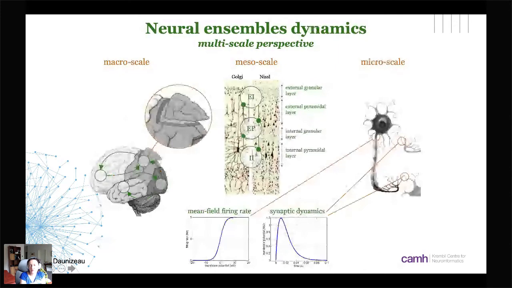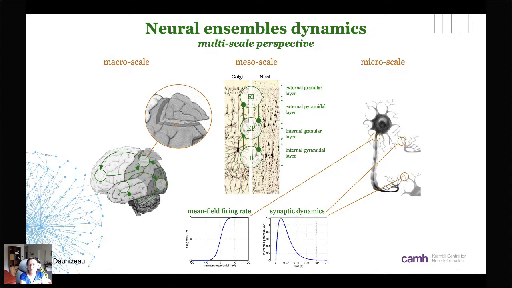So this is, in very simple overview, the roadmap of DCM for EEG, MEG. We take the characteristics of neurons at the microscale, such as membrane potential or firing rate, membrane potential to firing rate sigmoidal transformation, synaptic kinetics, all that is happening at the microscale.